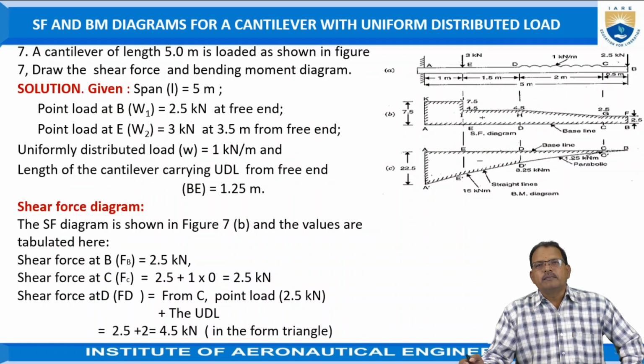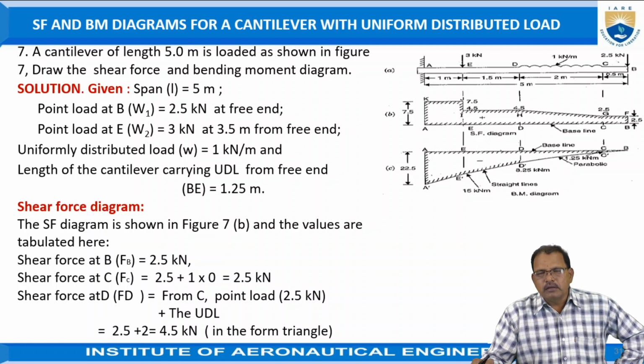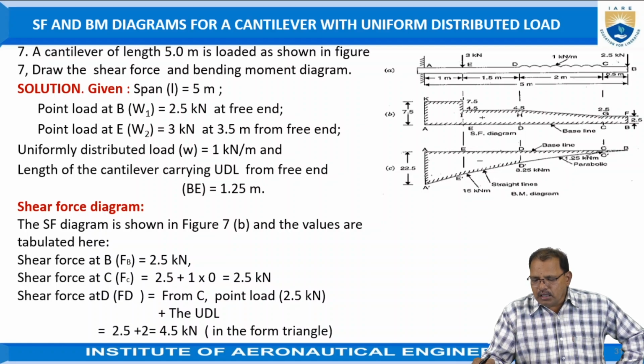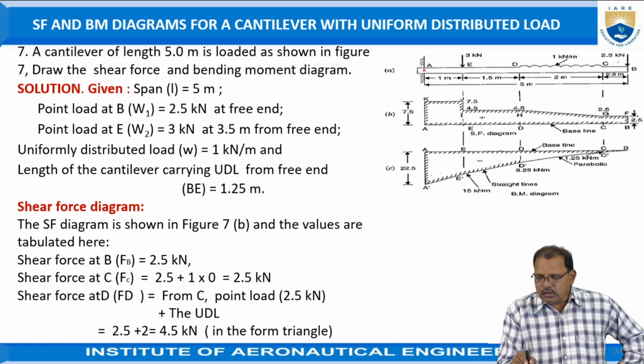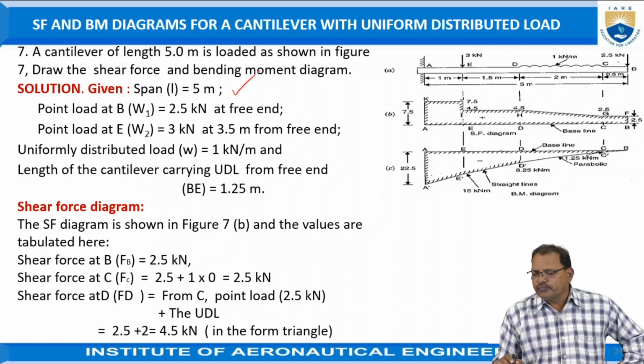A cantilever beam of length 5 meters is loaded as shown in figure. Draw the shear force and the bending moment diagram. Here, the forces which are acting on the cantilever beam are shown in figure. Here, AB is representing the length of the beam, which is equal to 5 meters.